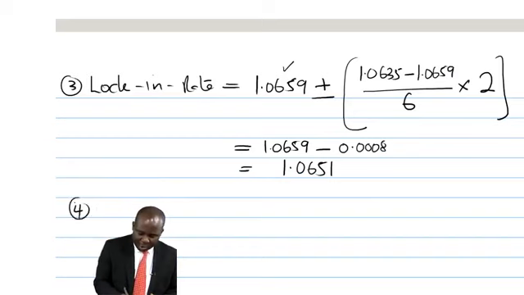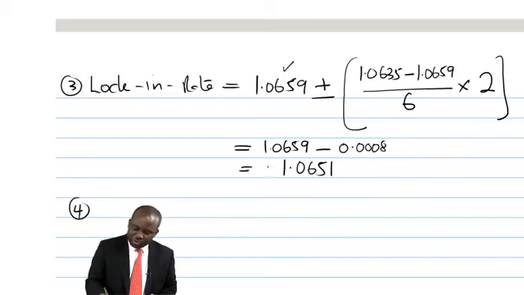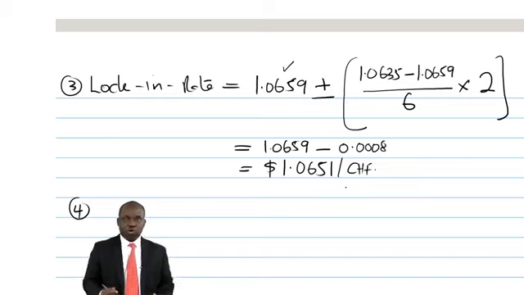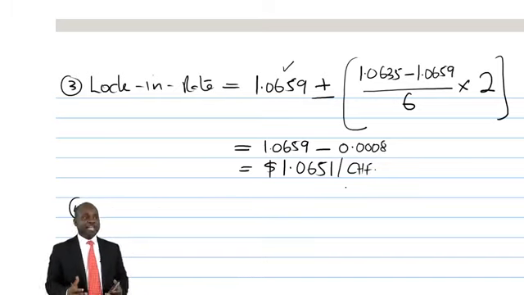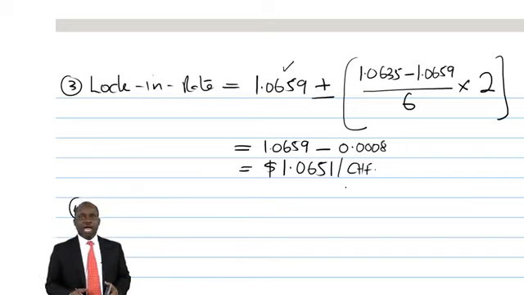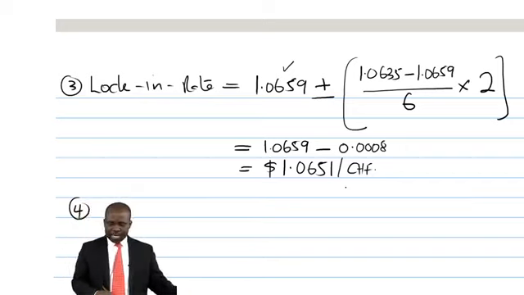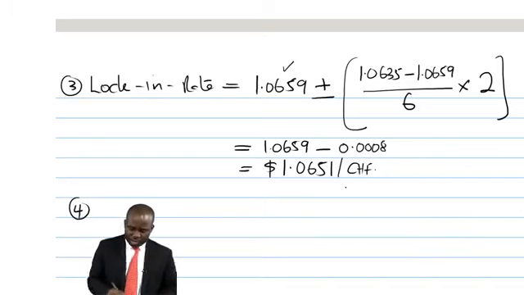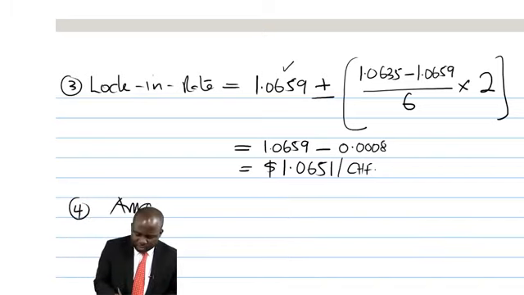When you get the lock-in rate, this is the exchange rate of the dollar to the CHF. The futures contract has locked in whatever the exchange rate will be. The effective rate you will exchange the dollar and the CHF will be 1.0651. So what will be the amount involved?